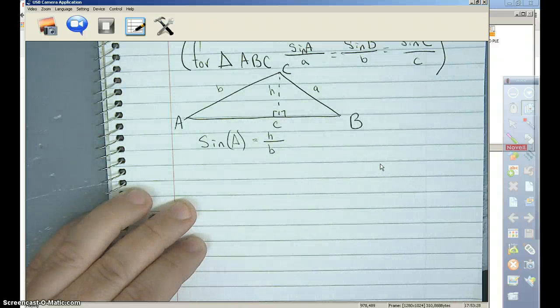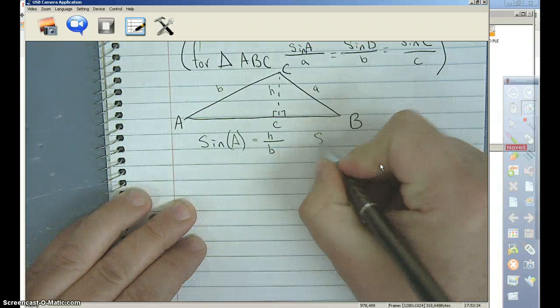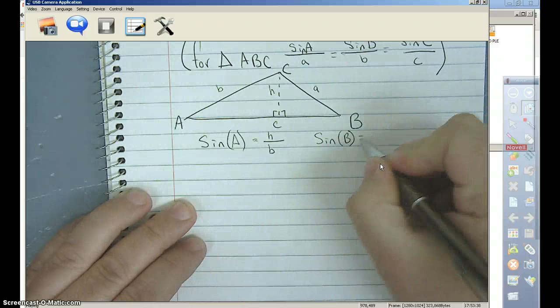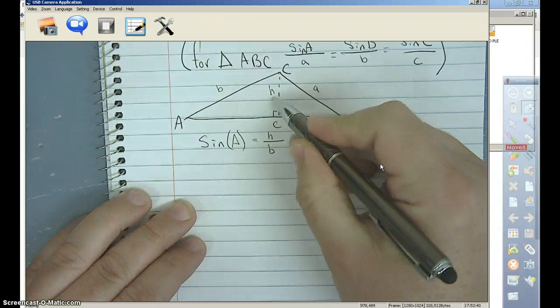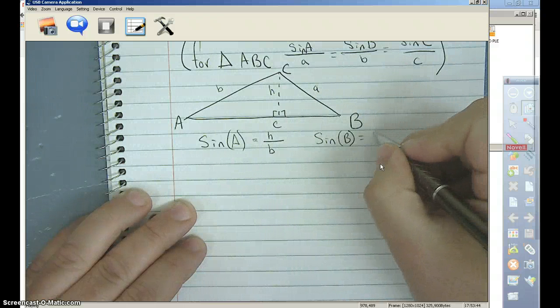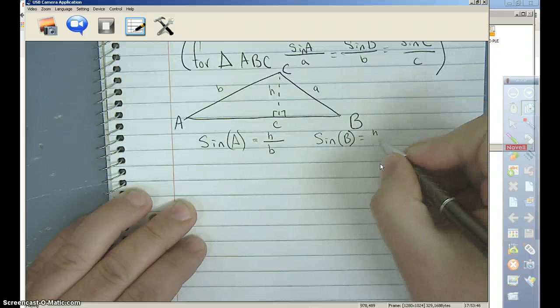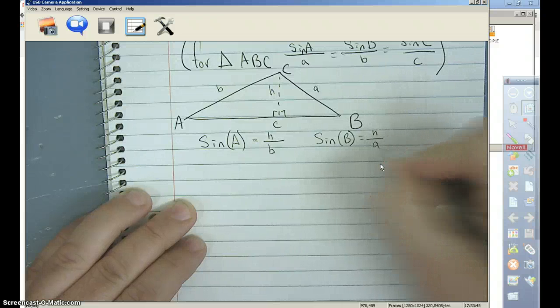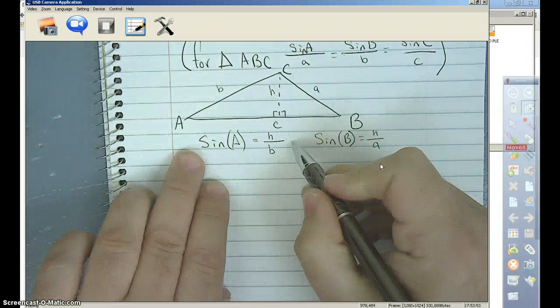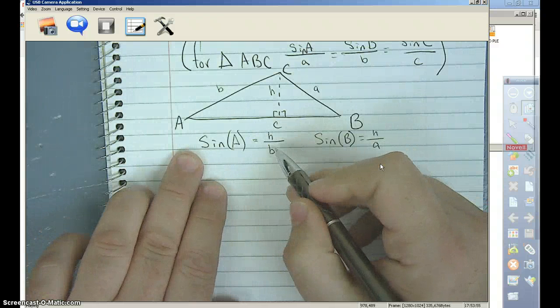Now let's talk about what the sine of B would be. From B, that's going to be the opposite over the hypotenuse, so that is going to be h over a.